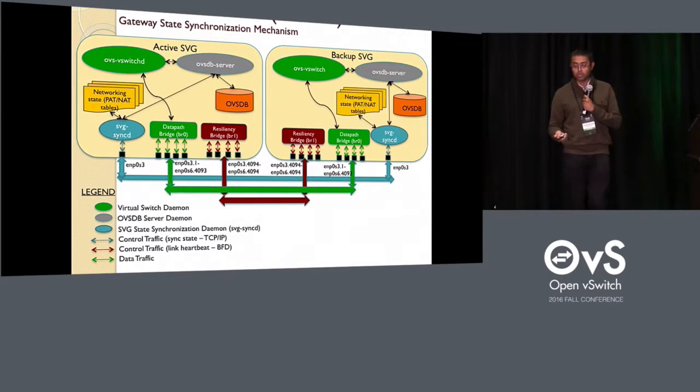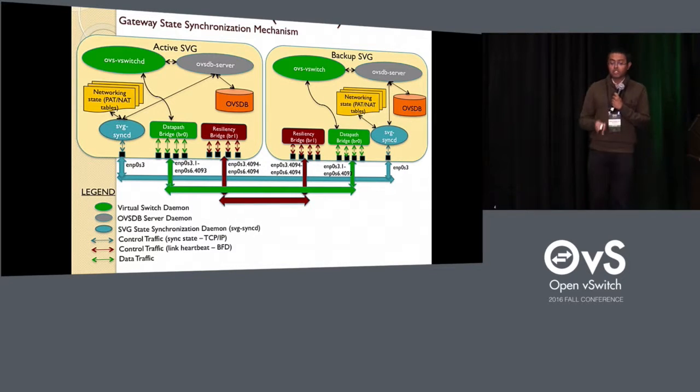So let's take a look at how this can be done. In this diagram, what we show here is we created a new daemon called the SVG sync D. That daemon will be using usual TCP/IP methods to synchronize the state offline, and it has to be very much up to date, keeping both the SVGs up to date.